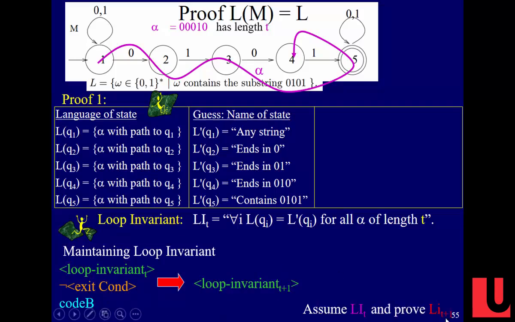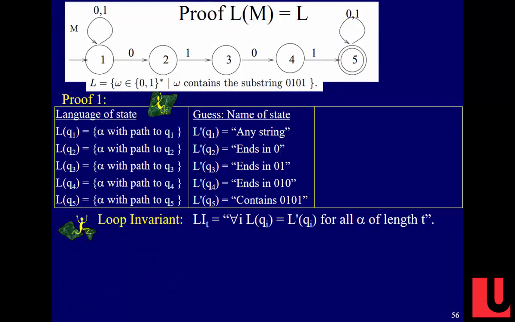And then we want to prove that it's true for one more step. If I have some path that I got here, and I take one more step, I get an a 1, where am I going to go? I'm going to go there. So that's kind of what we have to handle.